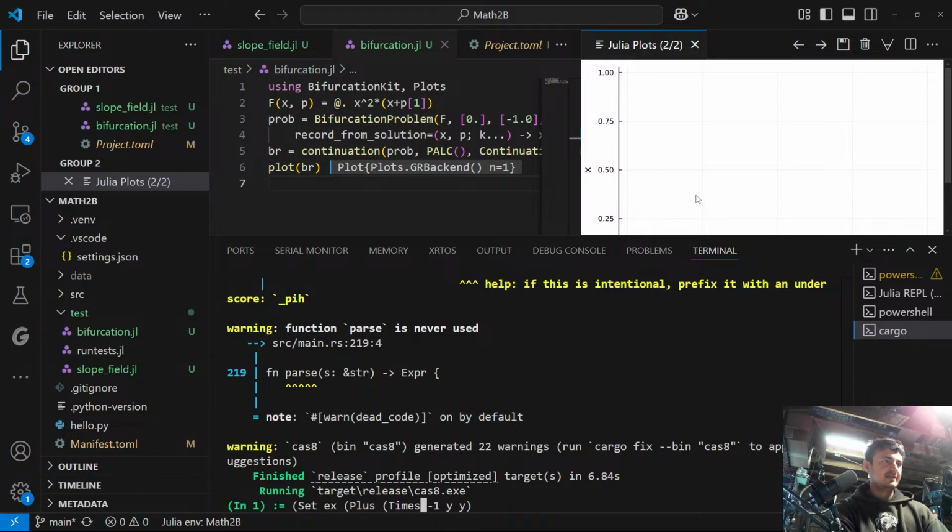Is it plus? I think it's plus. So this is going to be plus y times 2y t squared plus times 2t.